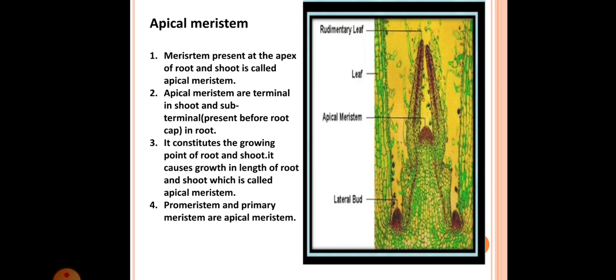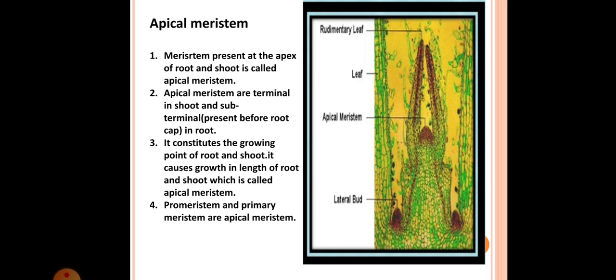In the shoot part, apical meristem is present at the tip, and in the root the apical meristem is present before the root cap. The root cap is present on the root tip.